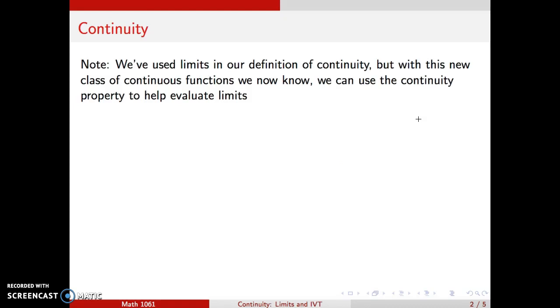Okay. Just as a reminder, when we define continuity, we use limits in that definition.